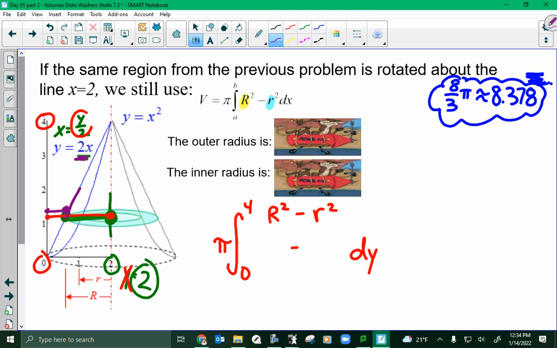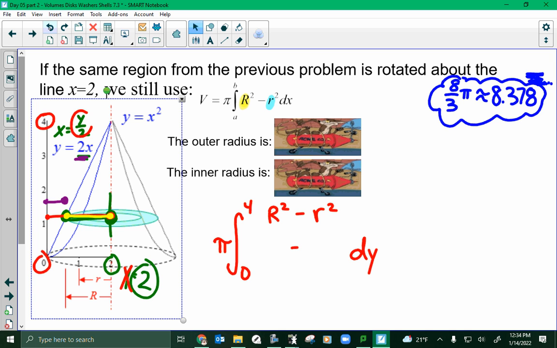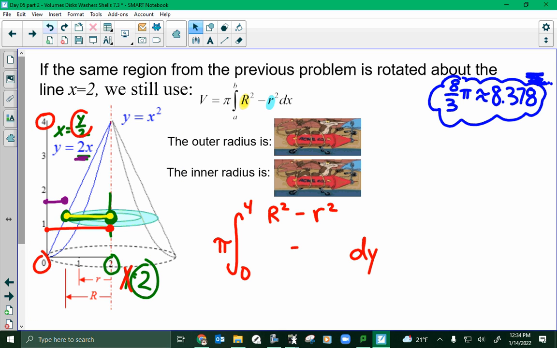So if I want, and I'm going to do this in yellow, I don't care what they say, from here to here, I take my red line, which is x equals 2. Let's unmove that. I take this line, which is x equals 2, so I get a value of 2, and I subtract this line, which is x equals y over 2, and it gives me this yellow one.